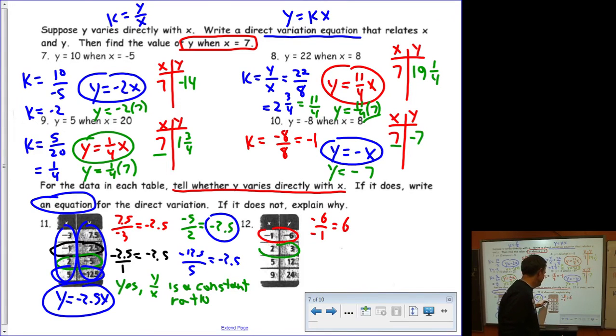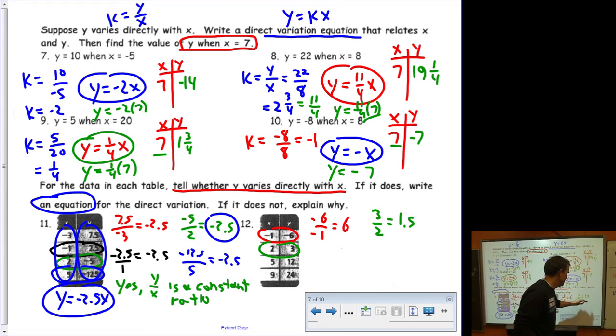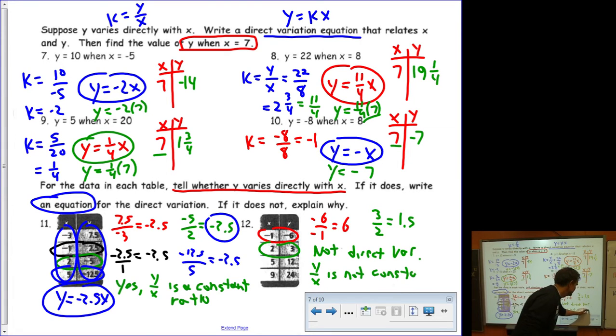My next one is 3 over 2. 3 over 2 is 1.5. Okay, those are different. Because those are different, this is not direct variation. Y over x is not constant. And I can move on.